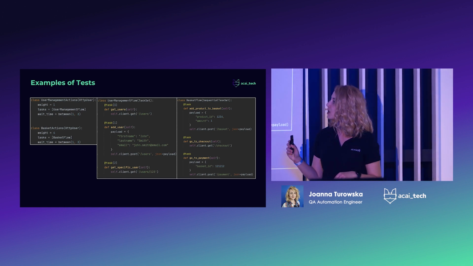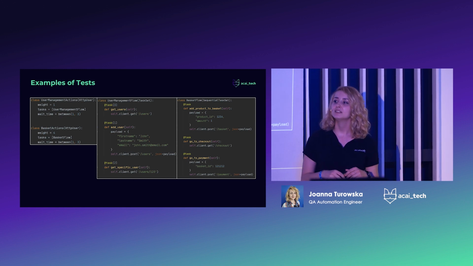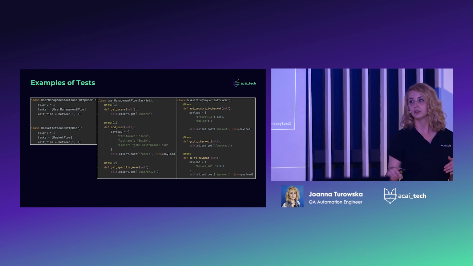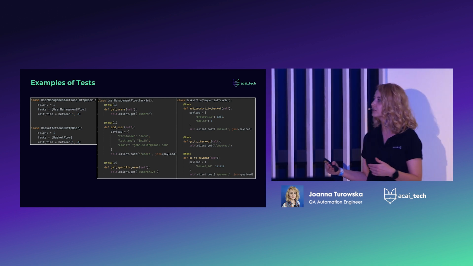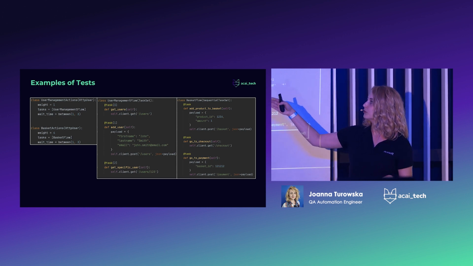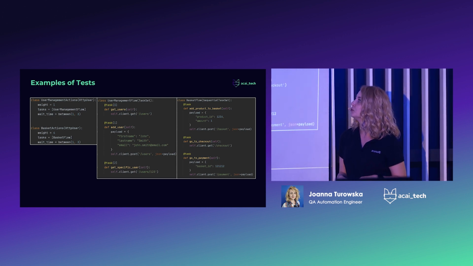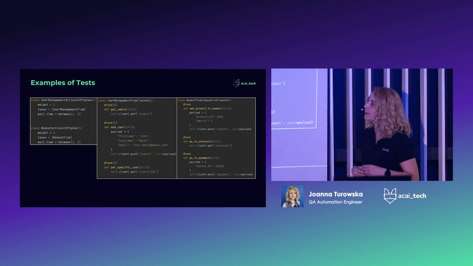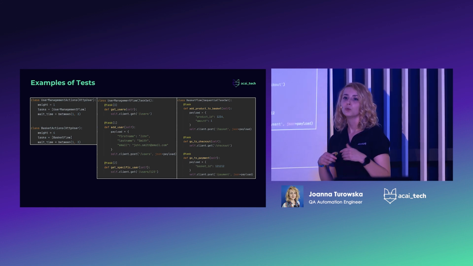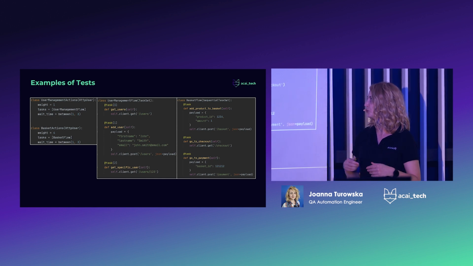The first one is weight. Weight indicates how often the given user will be spawned. So we can see that the basket actions user will be spawned 4 times more often than the user management actions user. The next parameter is tasks. Here we define what tasks a given user can do.